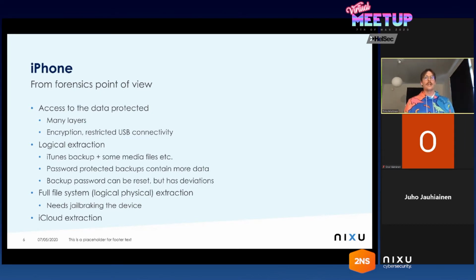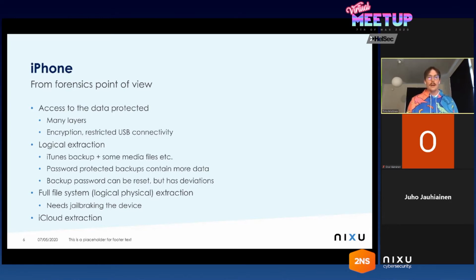And it's good to remember that when you take an iTunes backup, the password-protected backup always contains more data. For example, health data and browser history data. You won't find them in the unencrypted backup.